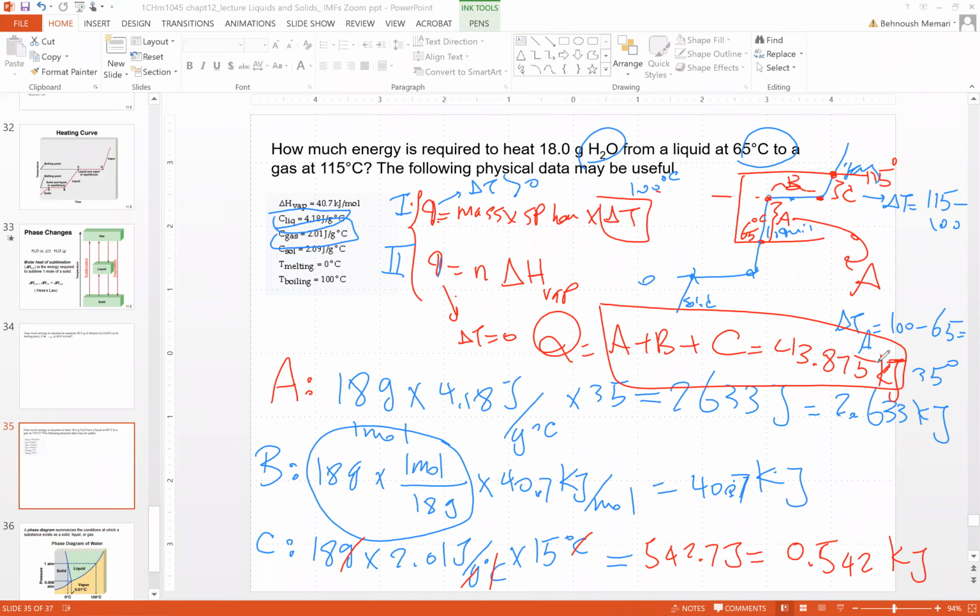This much of heat is needed to go from 65-degree liquid to the 115-degree gas for 20 grams of water.